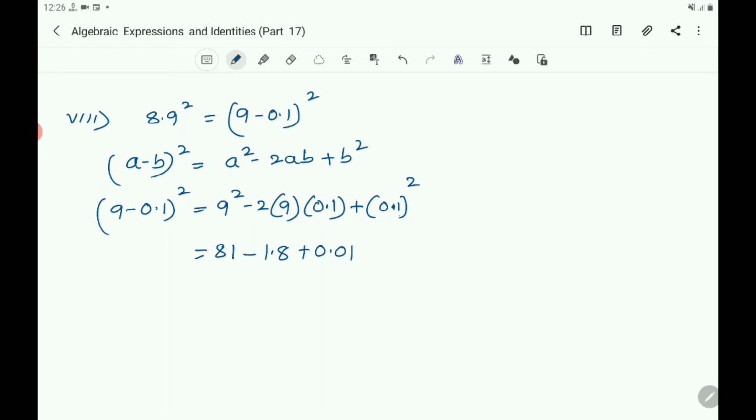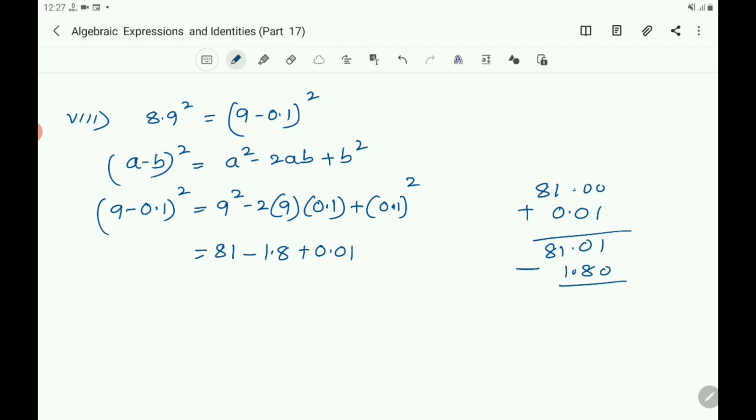Here 1 digit after the decimal point and its square is having 2 digits after the decimal point. These two are having same sign, add them: 81 plus 0.01 becomes 81.01. Subtract 1.8.